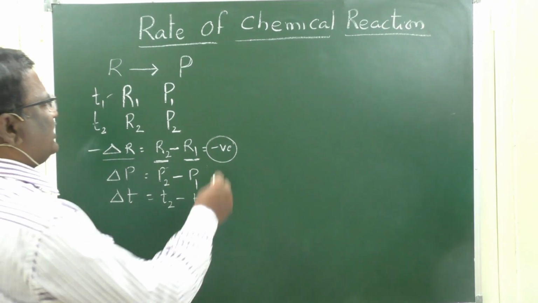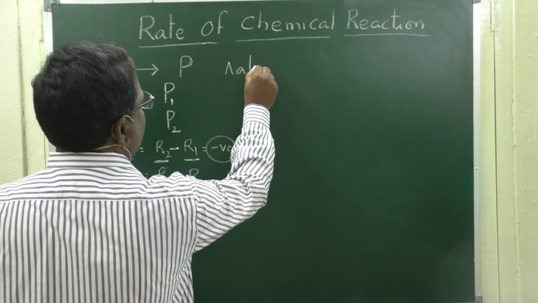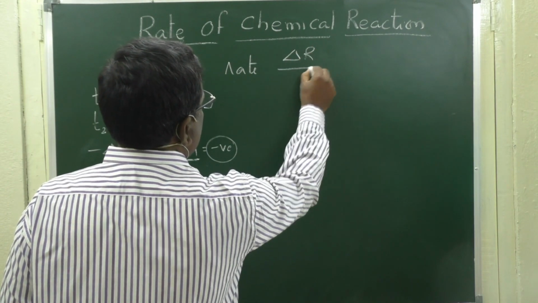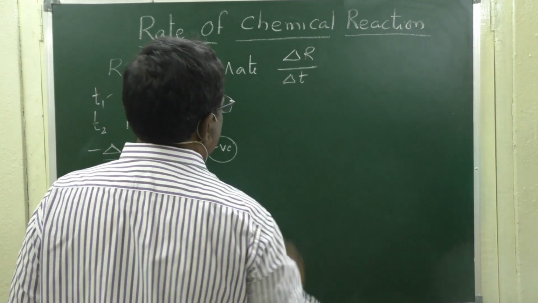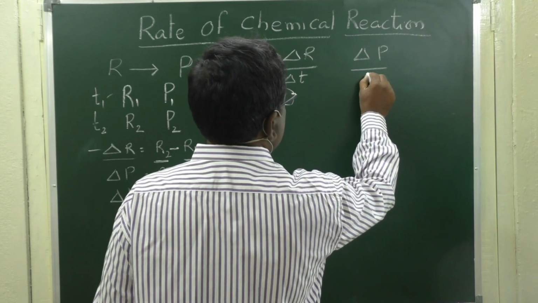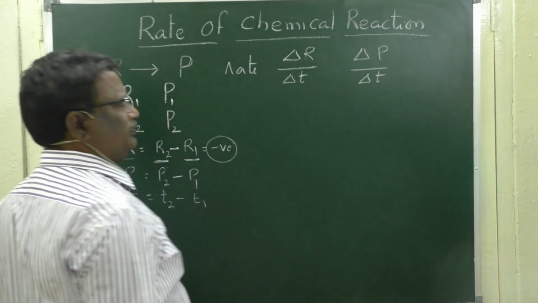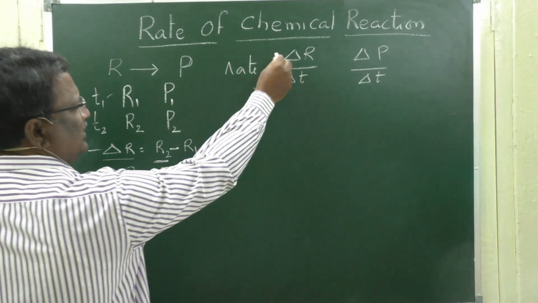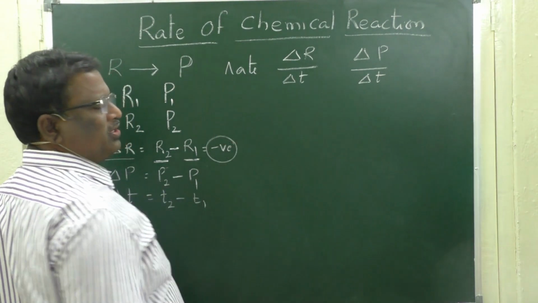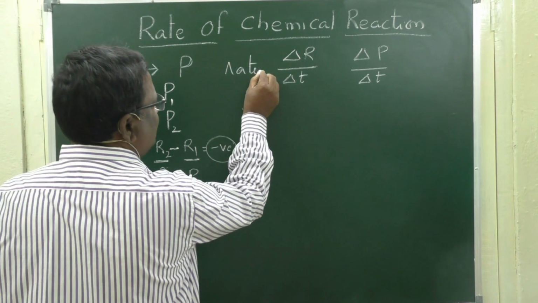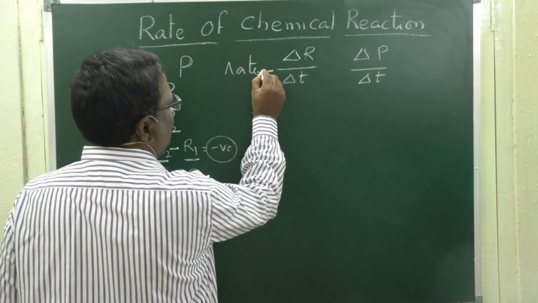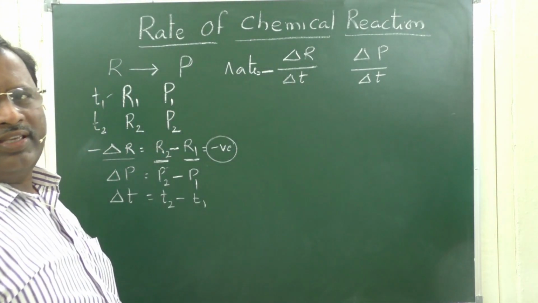Now rate is nothing but change in concentration of reactant by time, or change in concentration of products by time. Here, since delta R is negative, to make the rate positive, we have to keep a minus sign before this expression.